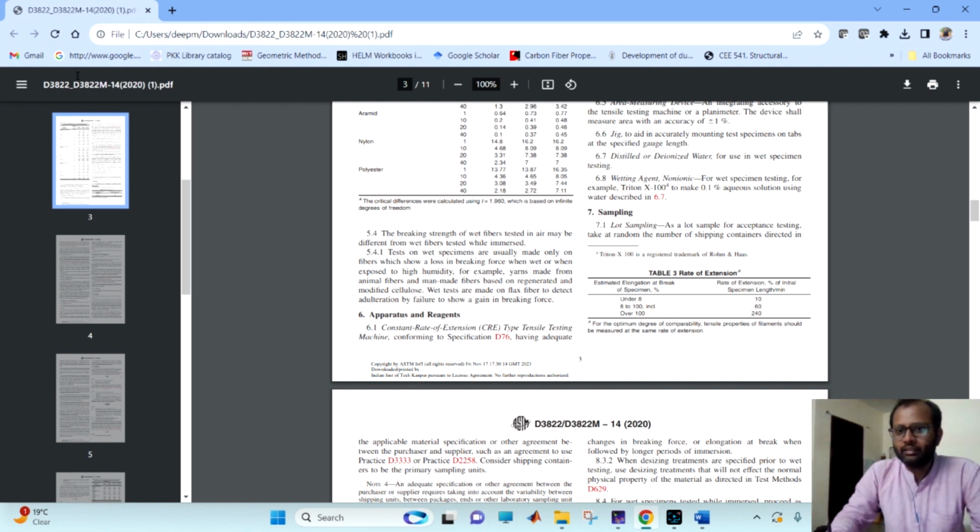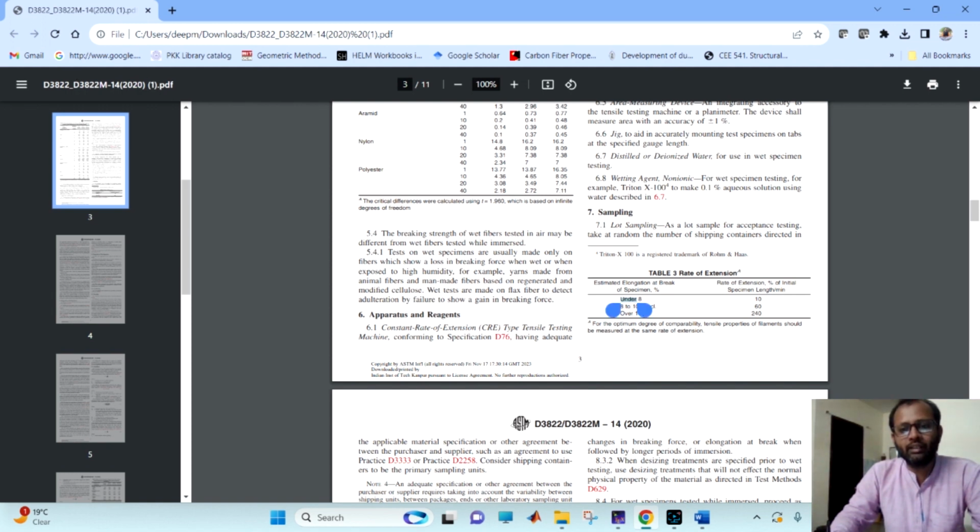You can see here: estimated elongation at break of specimen in percentage, and rate of extension in percentage of initial specimen length per minute. So first, if you do one to three rough tests, you will come to know at what percentage of elongation it actually breaks.